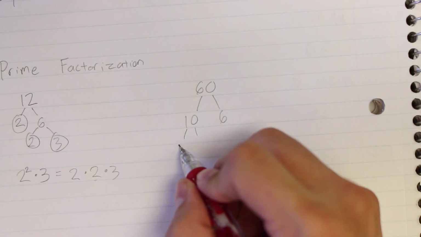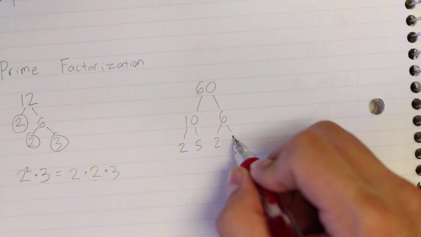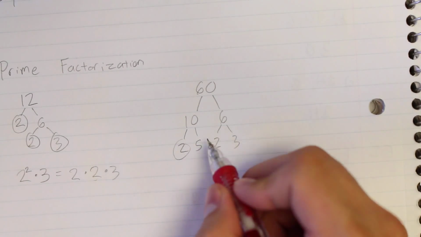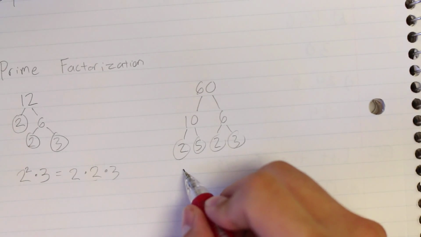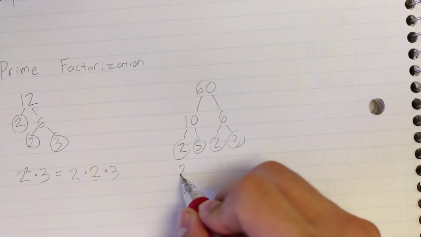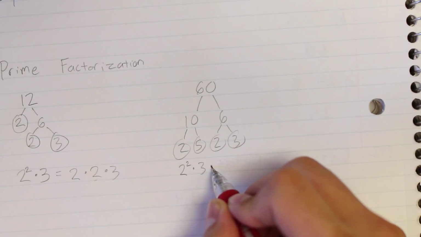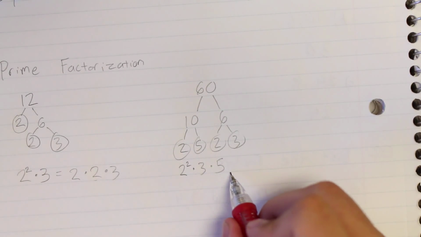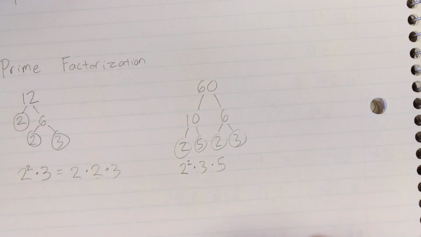I break this down to 2 and 5. I break this down to 2 and 3. So what do I have? I have 2 2's, 1 5, 1 3. So right here I have 2 squared times 3 times 5. If you were to multiply all of this out, you would get 60.